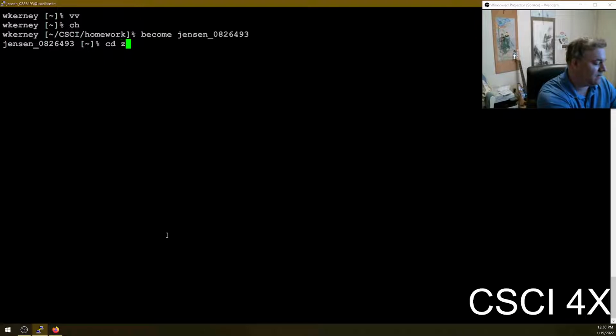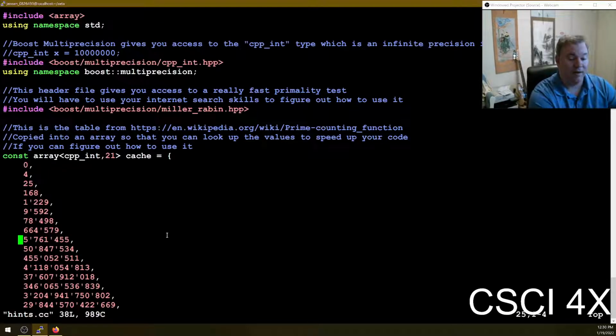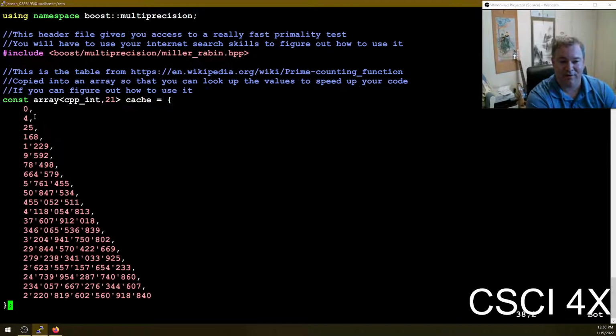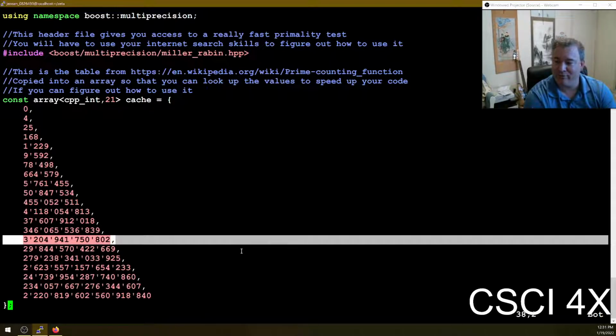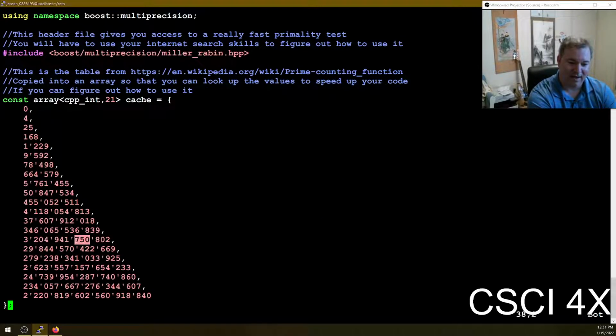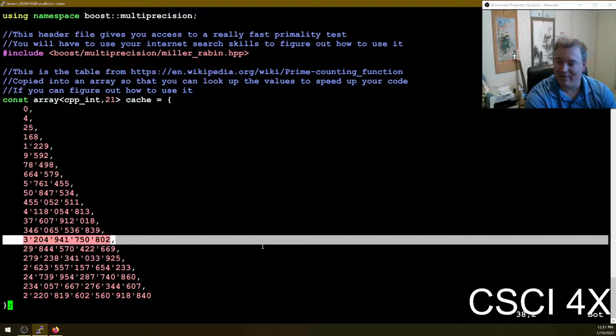CD Zeta hints. These are good starting places. So the prime counting function has already been computed for you at every power of 10. So if you're doing like 100 billion to 100 billion and 100,000, you can actually start with this as your starting point.